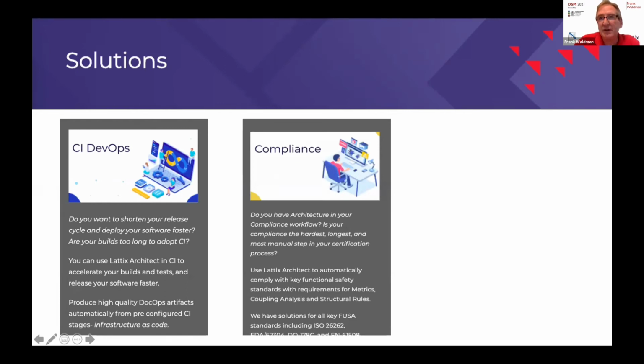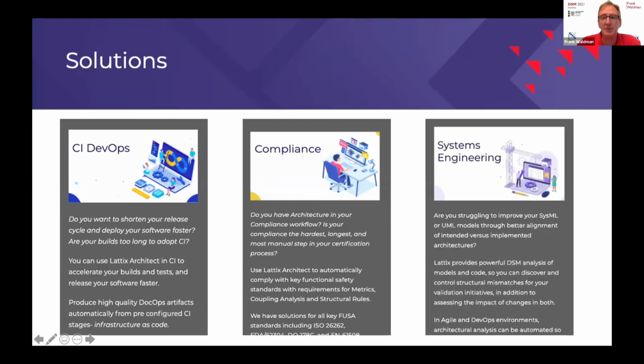So functional safety compliance for automotive, avionics, and medical are the primary customers for us now. We are certified by the TÜV for compliance for the architecture pieces of the software that is in all of those embedded systems. So we have a lot of consulting work we do around achieving compliance faster. It's a big part of the business.